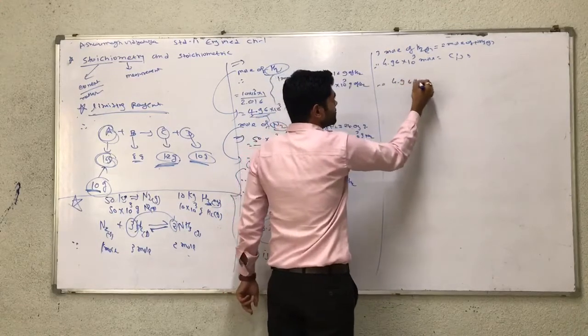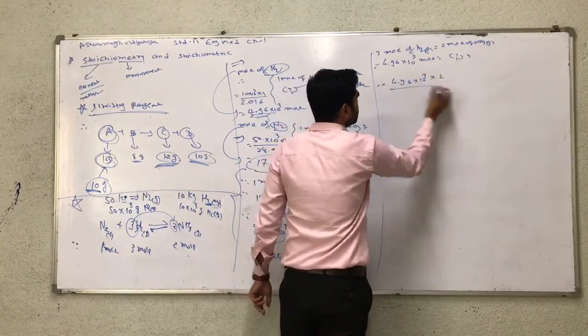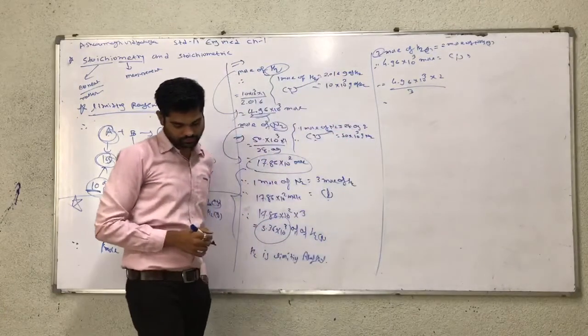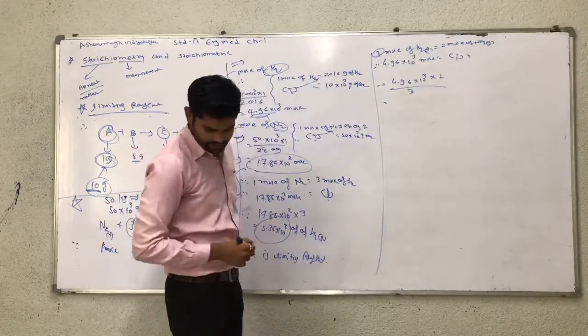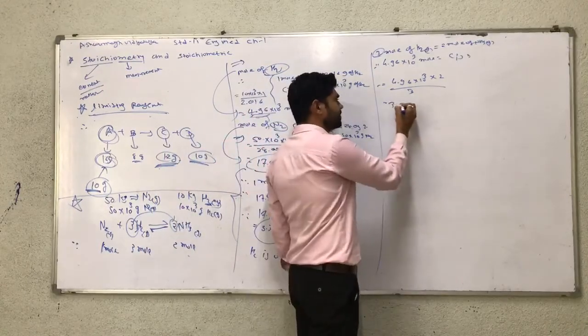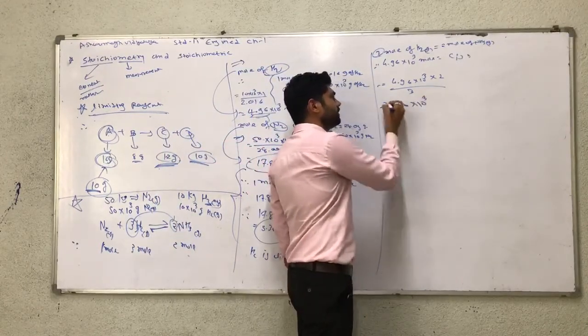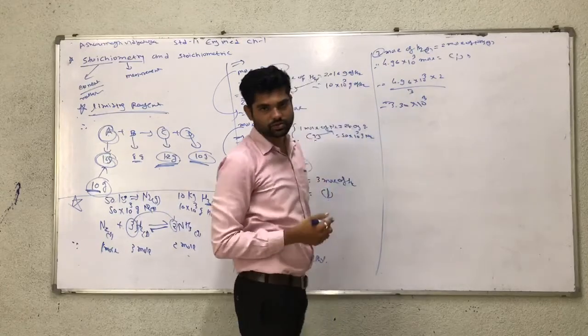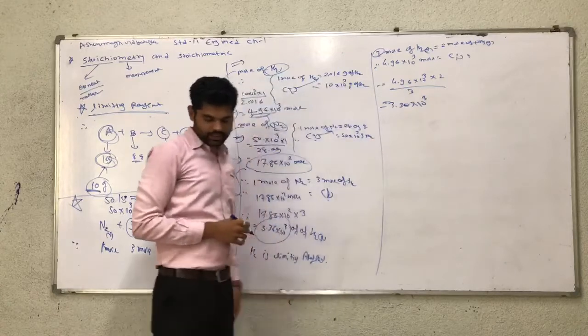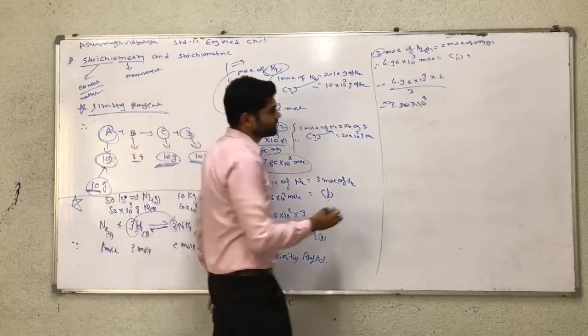So 4.96 into 10 raised to 3 multiplied by 2 divided by 3. Calculating, the answer is 3.30 into 10 raised to 3 moles of NH3 gas produced.